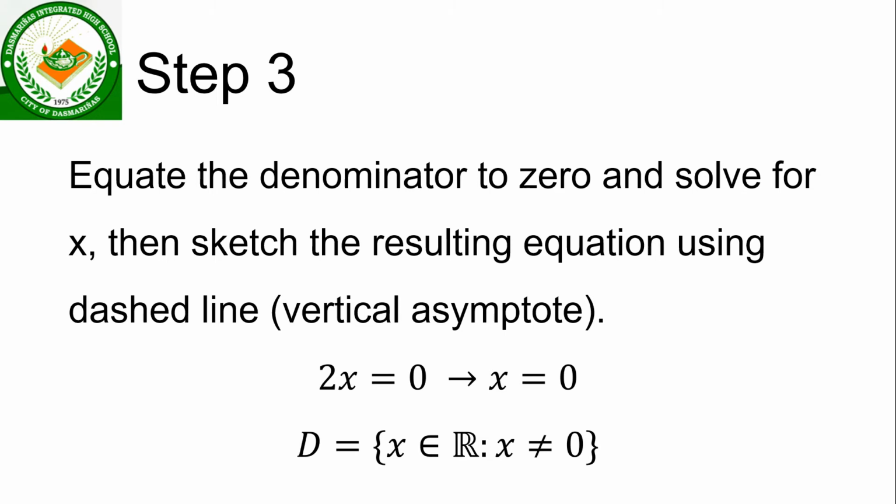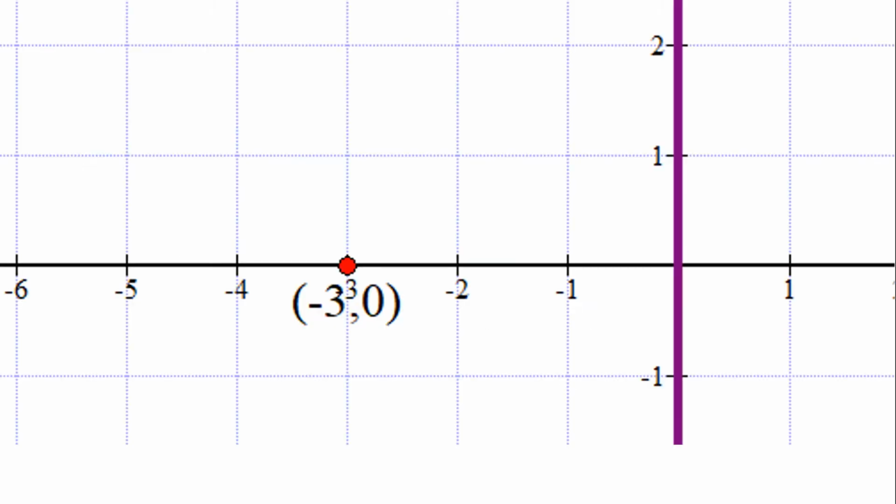And I should have a dashed line or a broken line to represent the vertical asymptote, but the software that I am using does not permit me to do that. That is why it is a solid purple line. So my apologies for that, but it should be a broken line. x equals 0, or the y-axis.